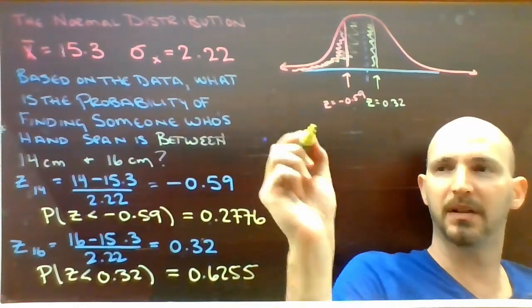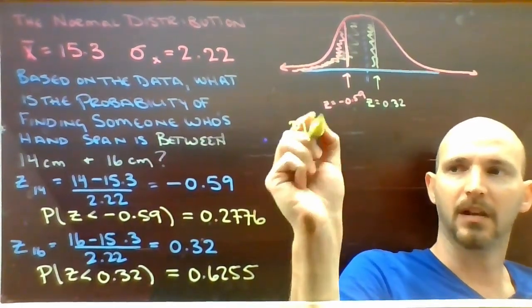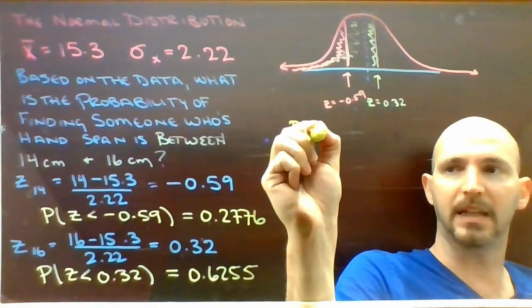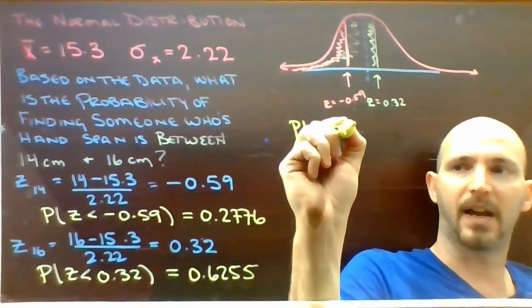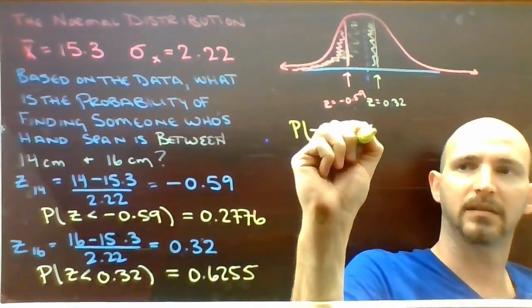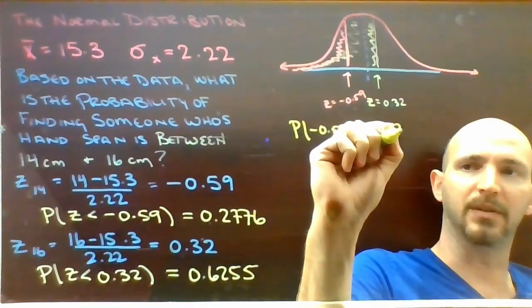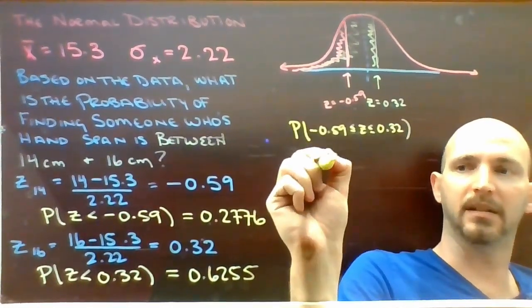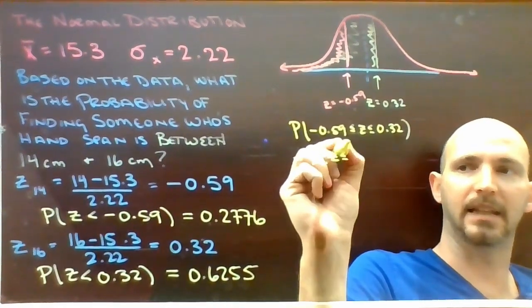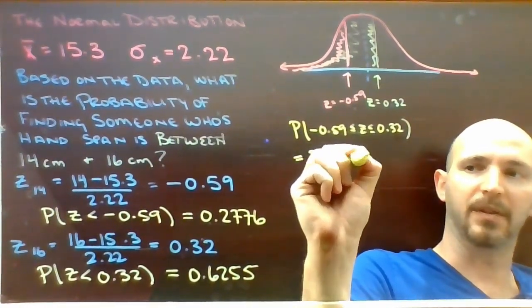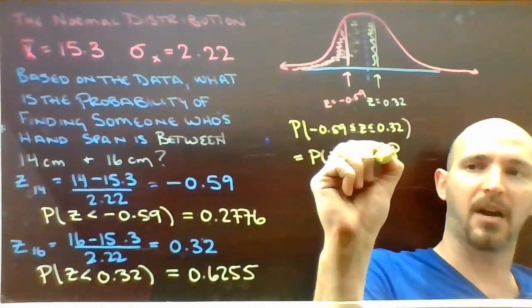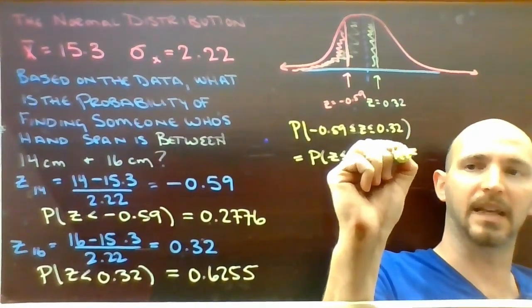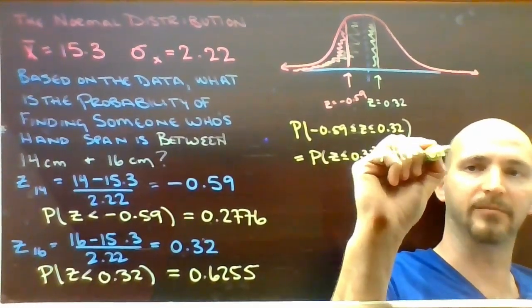So the probability of finding a z between negative 0.59 and 0.32 ends up being the probability of z being less than 0.32, subtract the probability of z being less than negative 0.59.